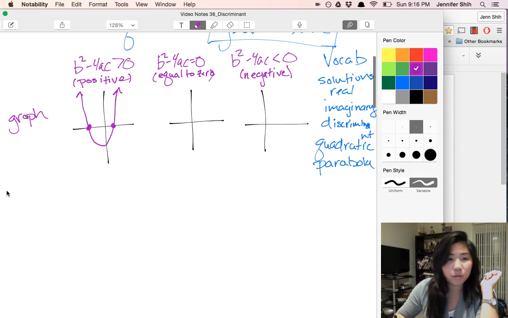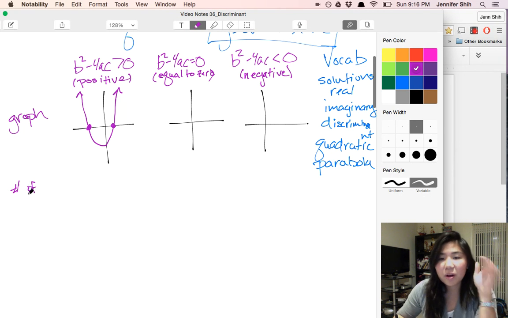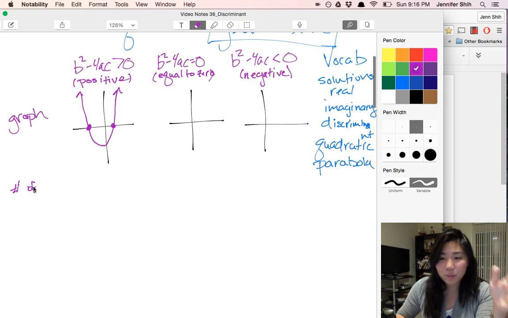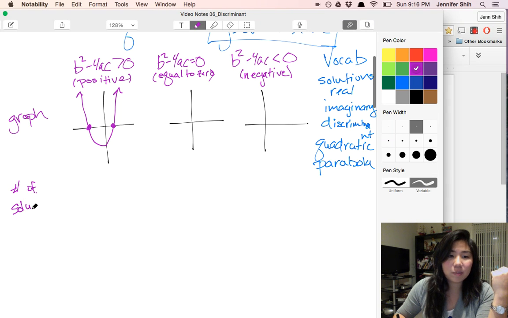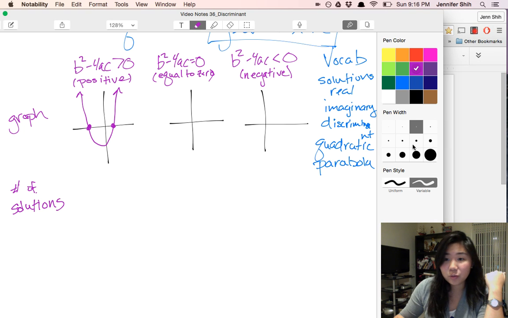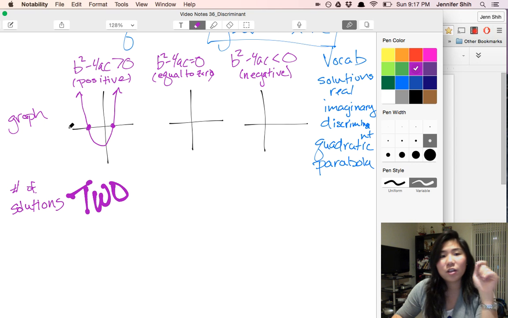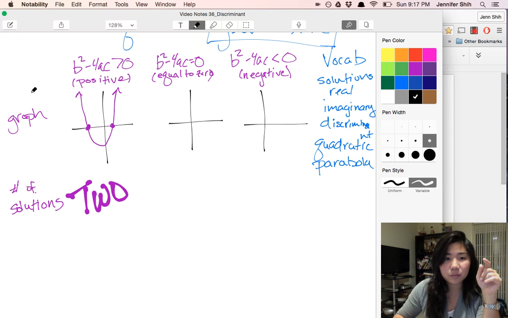So, number of solutions. This is where you can pause the video because we're about to make a t-chart. So we're making a table right now. Once you figure out what the table looks like, go ahead and pause this to make the table in your own notes. Number of solutions. I'm just going to write this really big: two solutions.